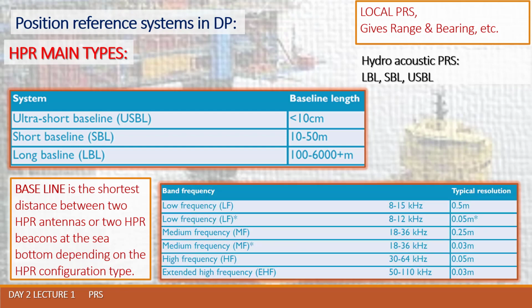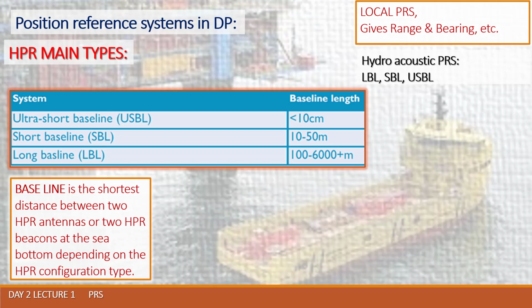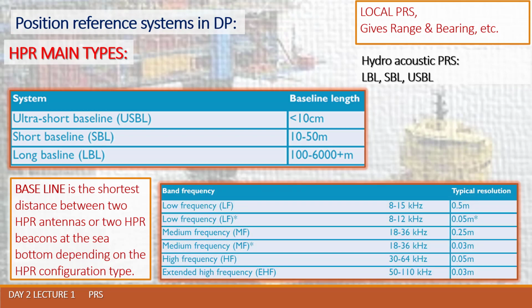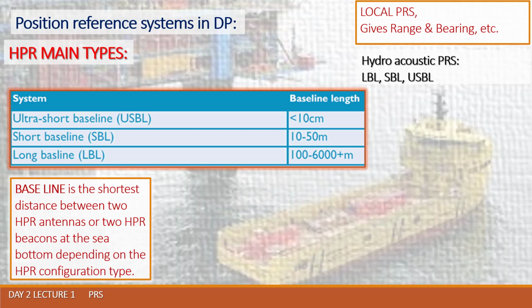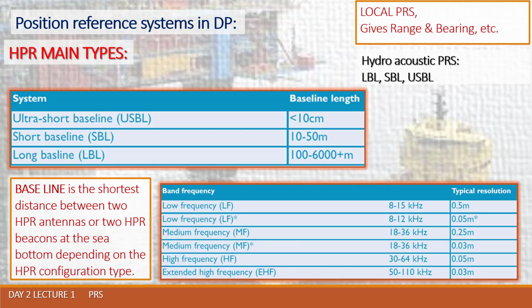Low frequency varies from 8 to 15 kilohertz, and typical resolution is about 0.5 meter. Low frequency may also be presented with frequencies from 8 to 12 kilohertz and with a resolution of about 0.05 meter. Medium frequency is presented from 18 to 36 kilohertz and gives us a resolution of about 0.25 meter.